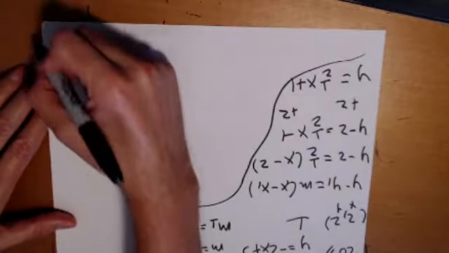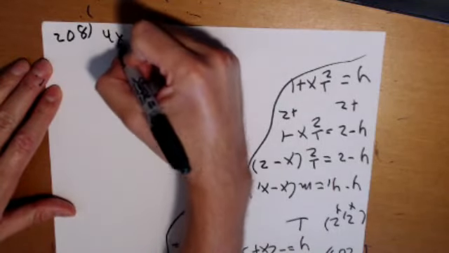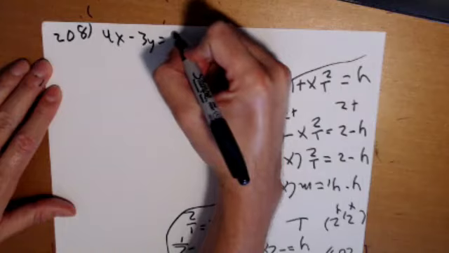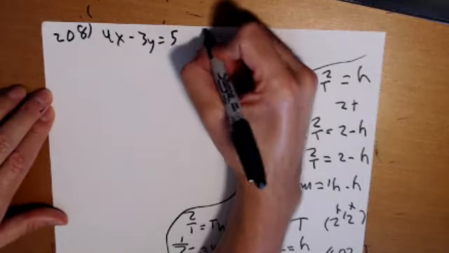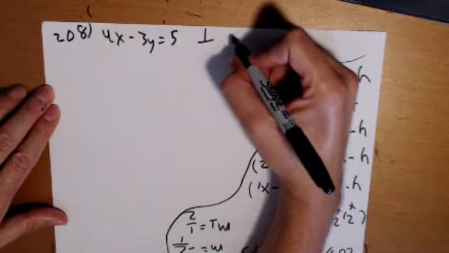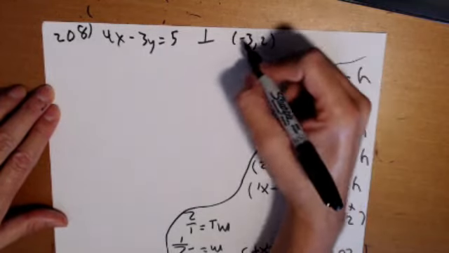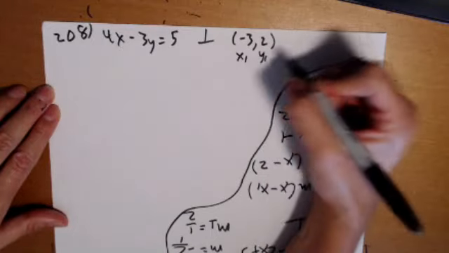Let us try 208. Better problem. 4x minus 3y equals 5. They're looking for something perpendicular that goes to the point (-3, 2). Remember, this is my x1 and my y1.